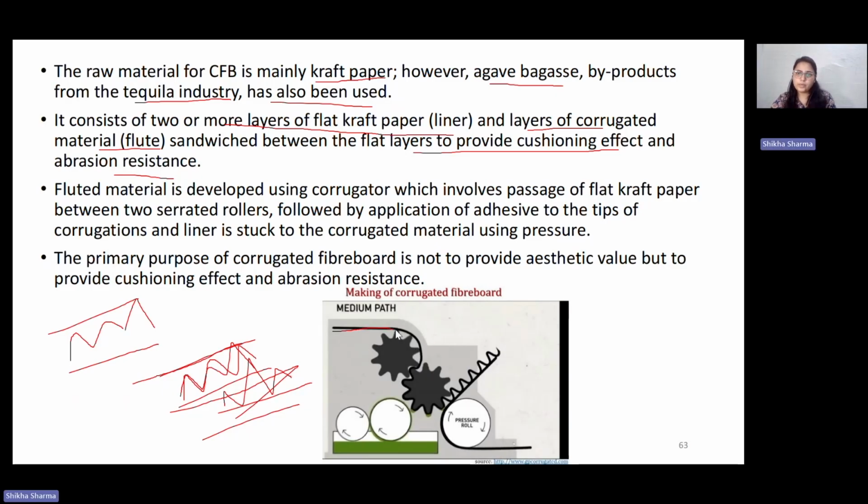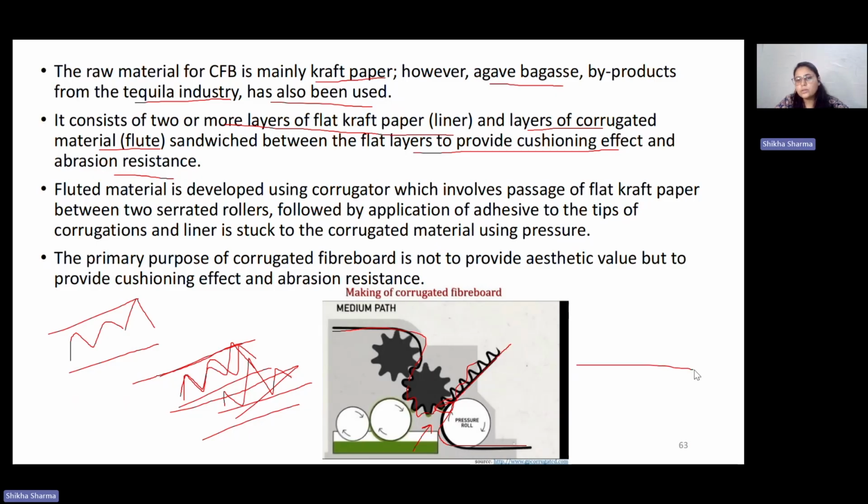From here, one liner will come and go through this particular roller, and it will take the shape of the fluting. And from the pressure roll, this liner will be there, and from here some kind of sticky or adhesive material will be provided, and because of the pressure between these two rollers, this will stick.